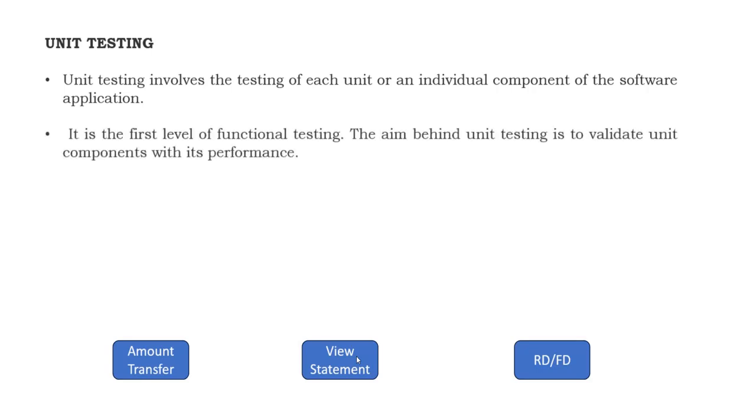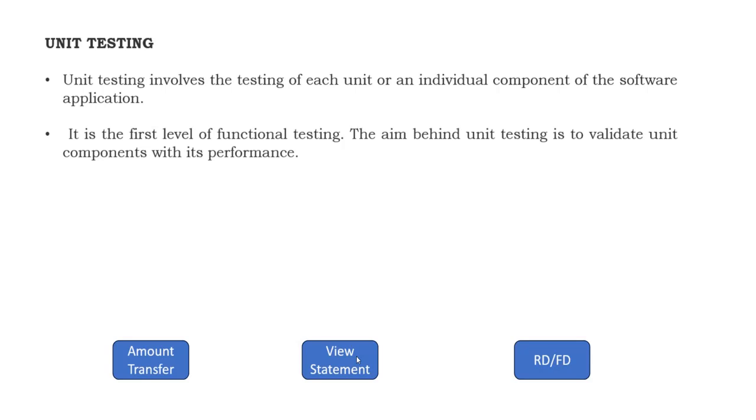It is the first level of functional testing. The aim behind unit testing is to validate the unit components with their performance, that is, whether the working of the unit is fine or not. Why do we do this?